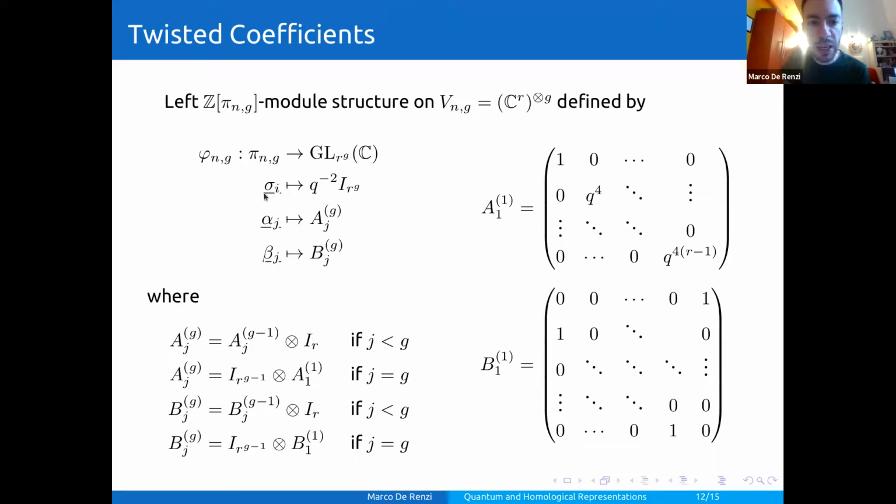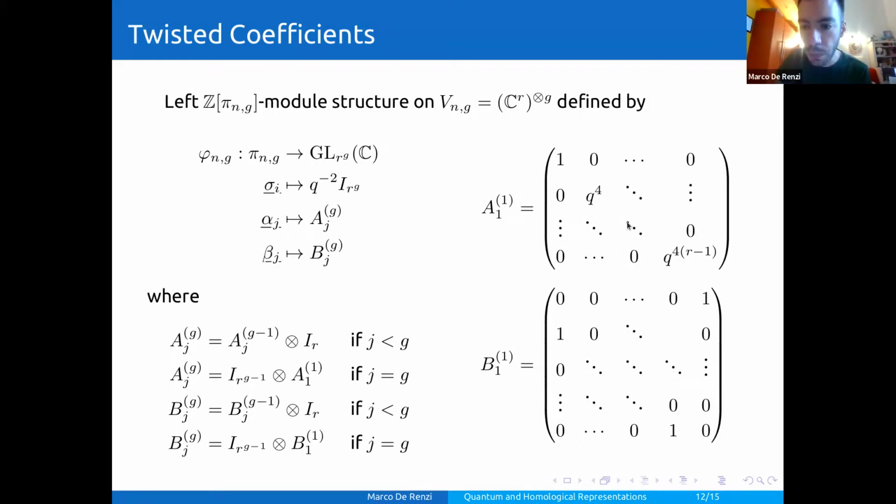It's determined by sending all standard braid generators to a scalar matrix, just q to the power 2 minus 2 times the... The surface generators are sent to matrices which are defined recursively. So for g equals 0, for the sphere, you have no surface generators, so this is a trivial case. For g equal 1, for the torus, you just have two of them, alpha 1 and beta 1. And in this case, I claim you should choose these two matrices.